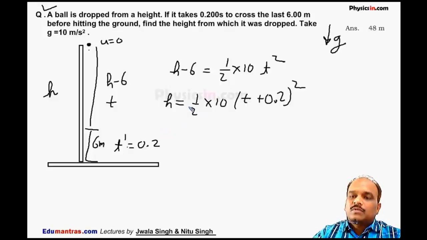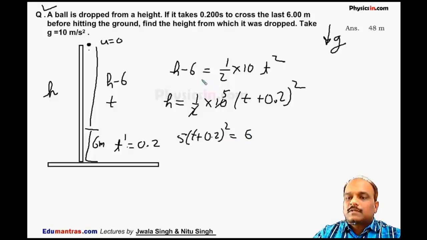So if I substitute the value of h here, I will get 5 into t plus 0.2 whole square is equal to 6, bringing this 6 here, plus 5 t square.